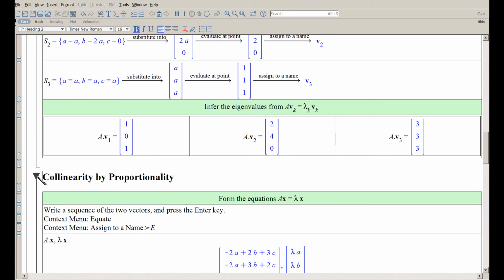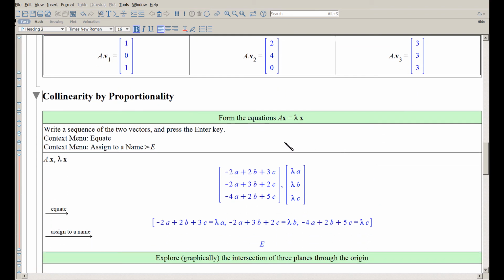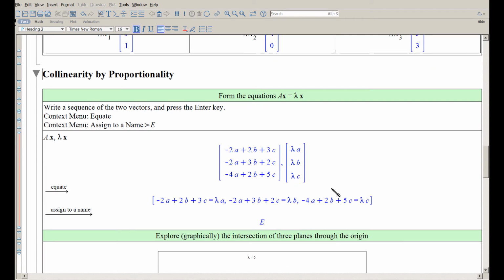What about from the perspective of proportionality? So look at the equations contained in Ax equals lambda x. So this is Ax, right there, and here is lambda x. You would like to see if these two vectors can be equal.